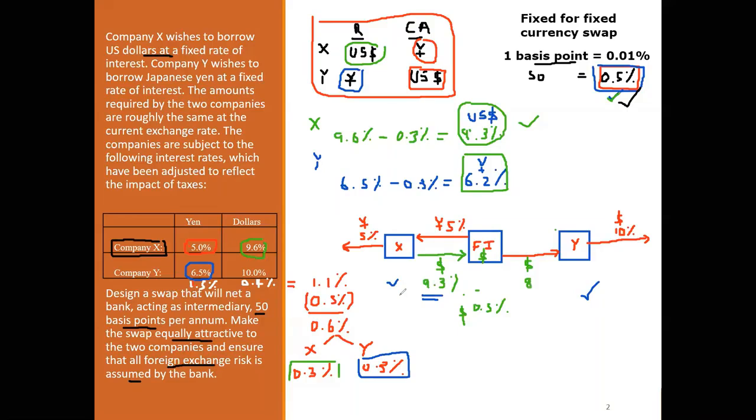So from 9.3%, deduct 0.5%, so that the return to the financial intermediary will be 0.5% only in dollars. The intermediary will keep a 0.5% return and transfer the balance to Y. So Y would get only a return of 8.8% in dollars.